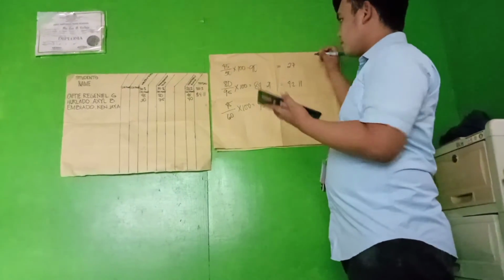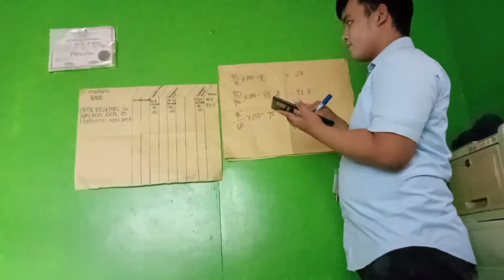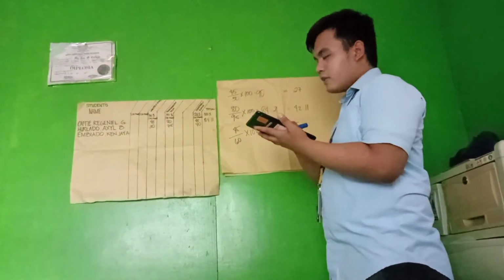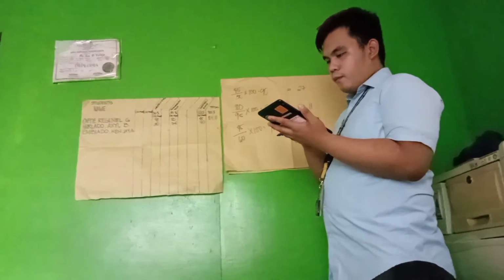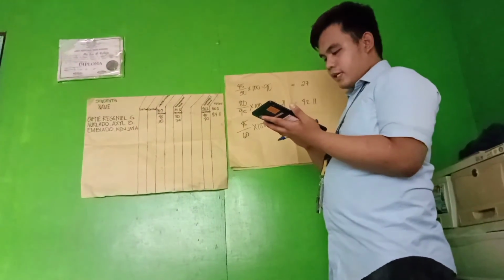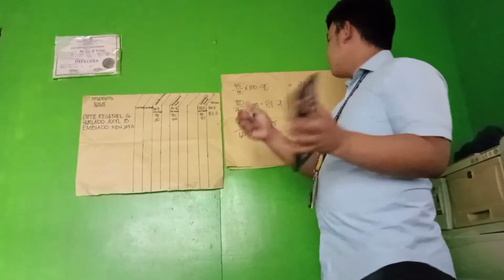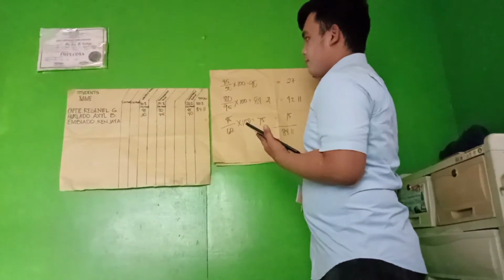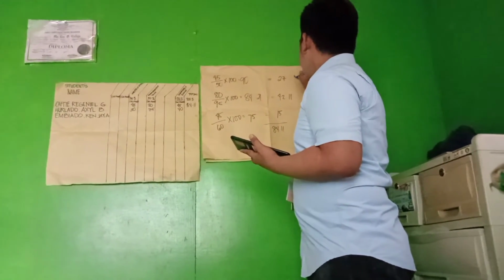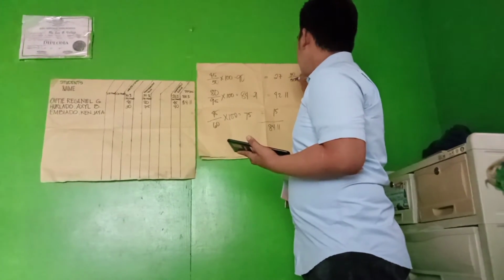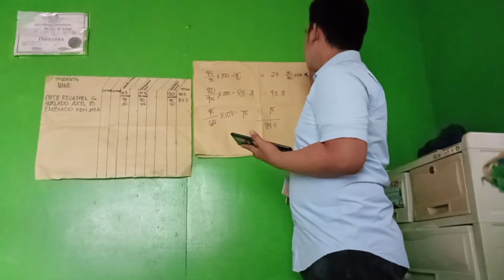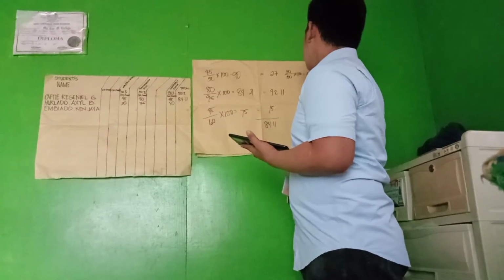Let's solve. 30 divided by the highest point, which is 50, multiplied by 100 is 60.